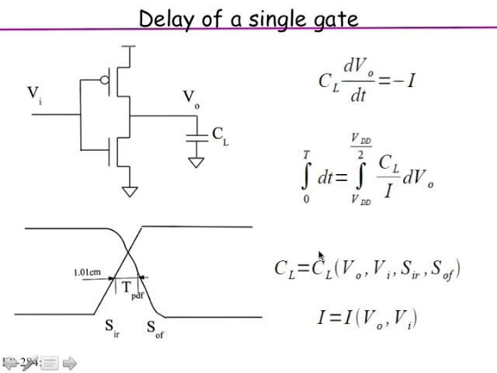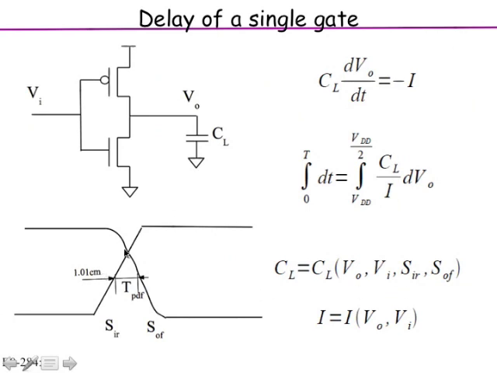Till this point it's very simple and straightforward. You have a simple differential equation, you invert it, you have an integral equation, you solve it, you get it. The problem is the terms inside this integral, CL and I, really depend on the input voltage, output voltage, the input slew, output slew.